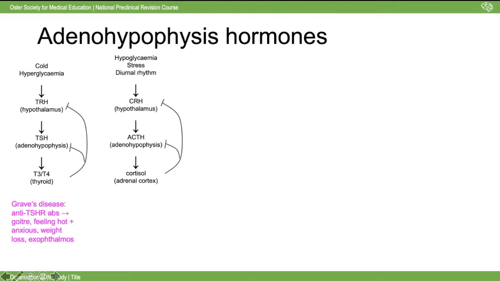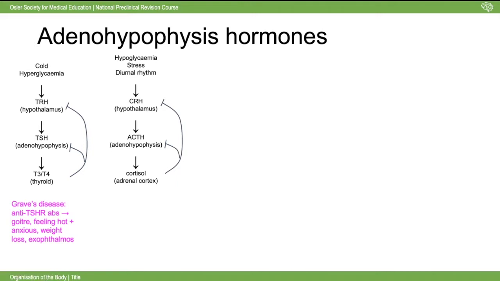And again, cortisol has a negative feedback effect, and it inhibits the release of both CRH and ACTH. And when you're talking about cortisol, it's good to mention that CRH, ACTH, and cortisol are all released in a diurnal rhythm.